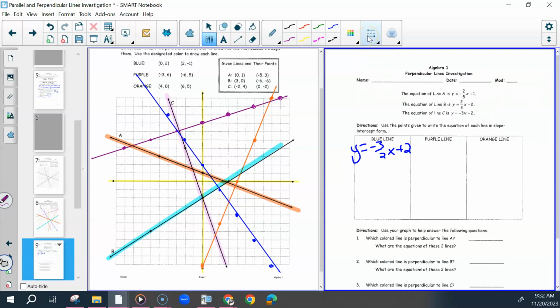Our purple line is going up 1 to the right 3, y-intercept at 7. And then the orange line is going up 5 over 2, y-intercept at negative 10.